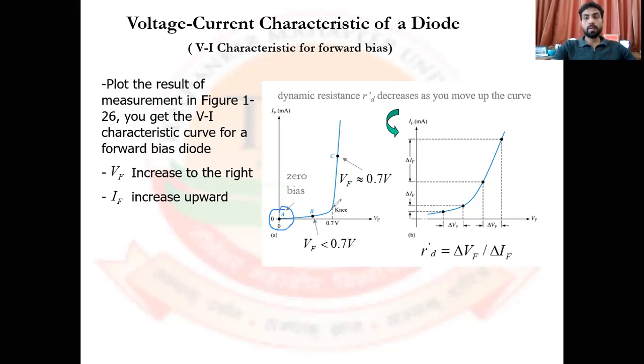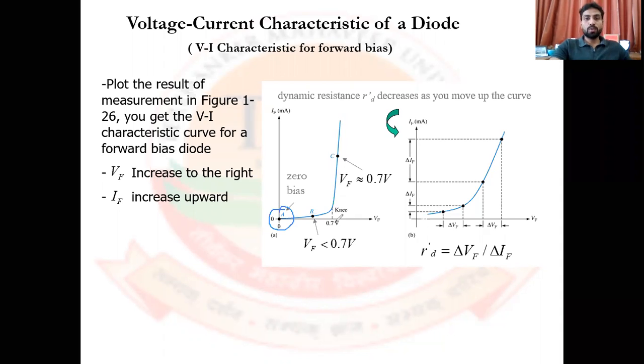And when this potential barrier is removed completely, the diode has only a potential drop of 0.7 volt, and further there is no increase in the potential drop, and the current keeps on increasing. If you see here, this current keeps on increasing, but the potential drop is not increasing because the junction now has no barrier, no obstruction.